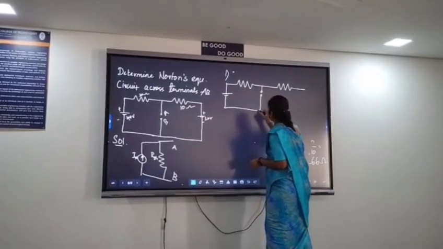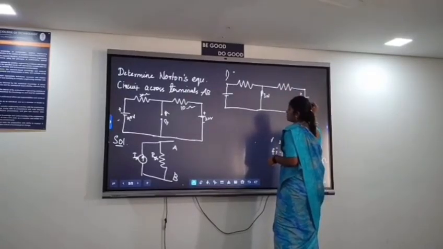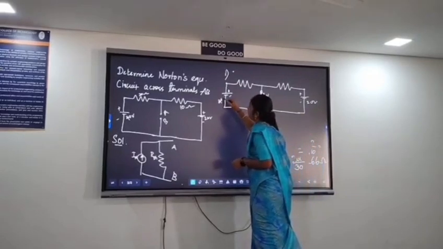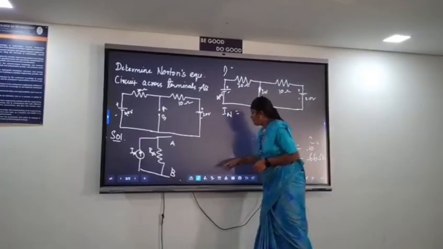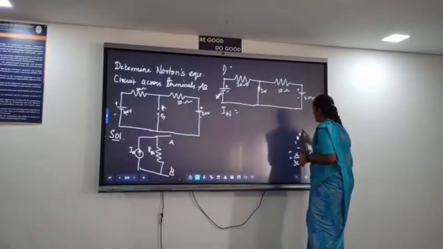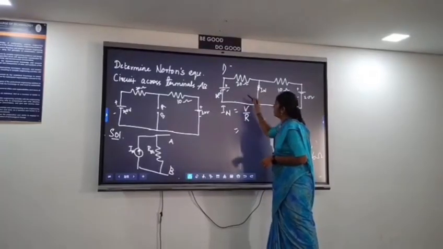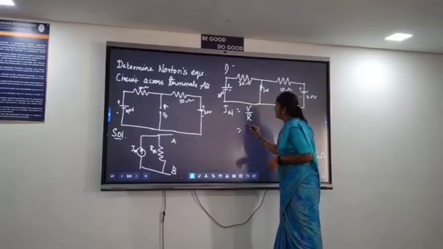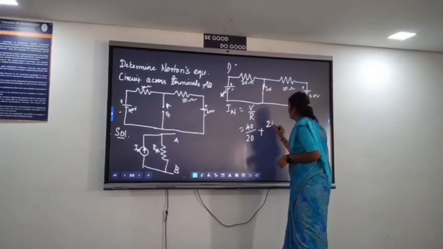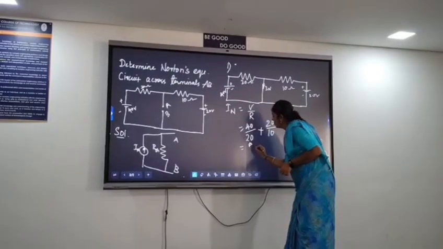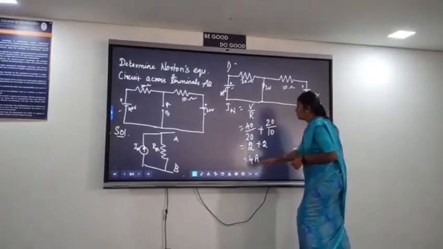These are the terminals A and B, and we have to find the current flowing across A and B, with the voltage sources 20 volt, 40 volt, and the 20 ohm and 10 ohm resistors. By Ohm's law, I is equal to V by R. Taking this loop, V by R is 40 divided by 20, plus in this loop 20 divided by 10, which is 2 plus 2, equal to 4 ampere. So the value of IN becomes 4 ampere.